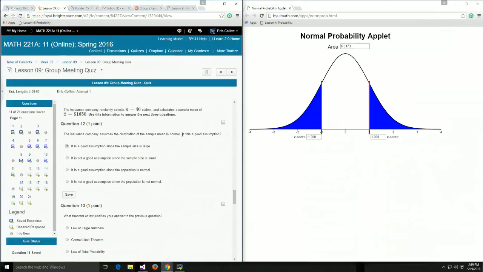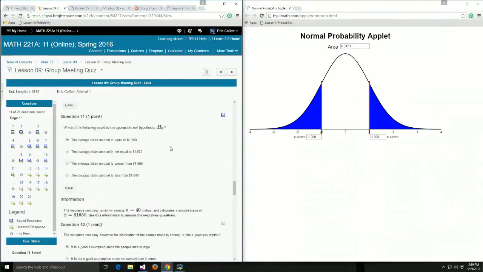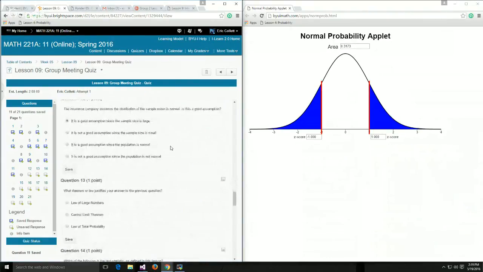So question 12 is asking if it's a good assumption for them to say that their sample mean is normally distributed. Yeah, because the sample size is bigger than 30, so I think yeah.